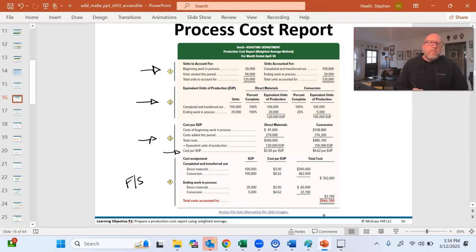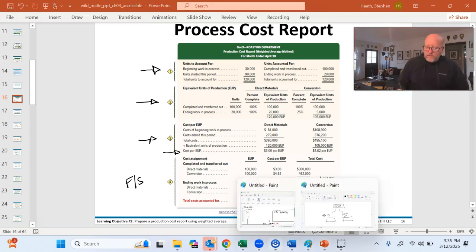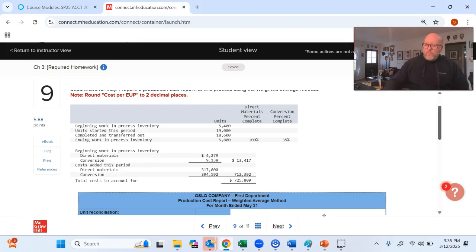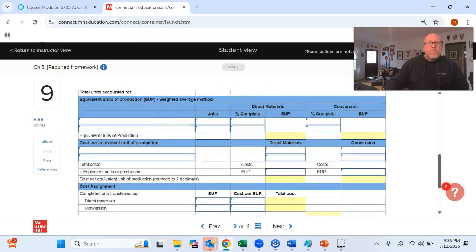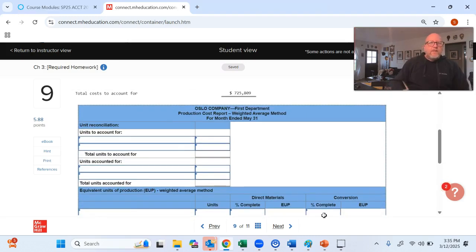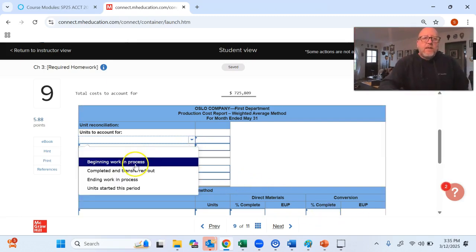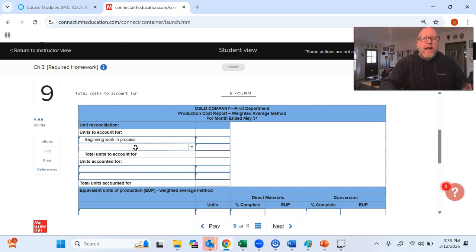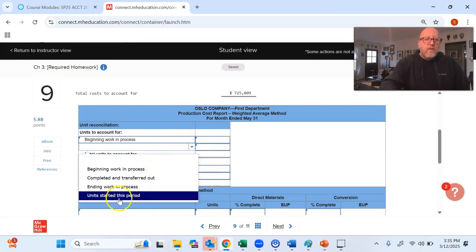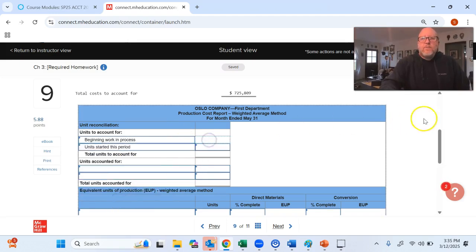So we're going to follow this 5-step process. Let's do the first step, which is physical flow of units. I'm going to go down to the production report. And this section right here is the physical flow. So the units to account for, that's beginning work in process, and then I'm going to add the things that I started during the period.